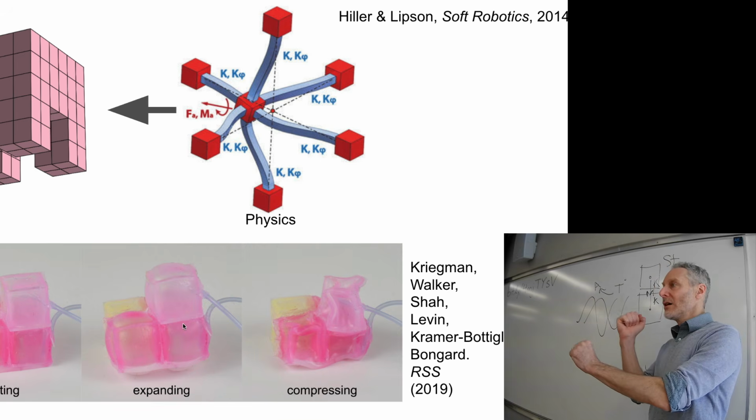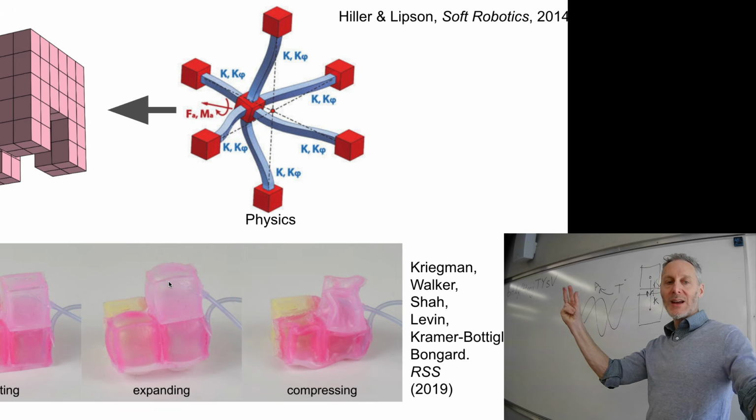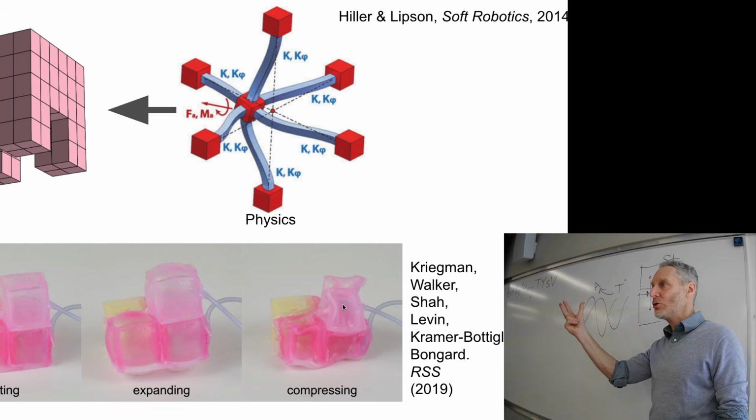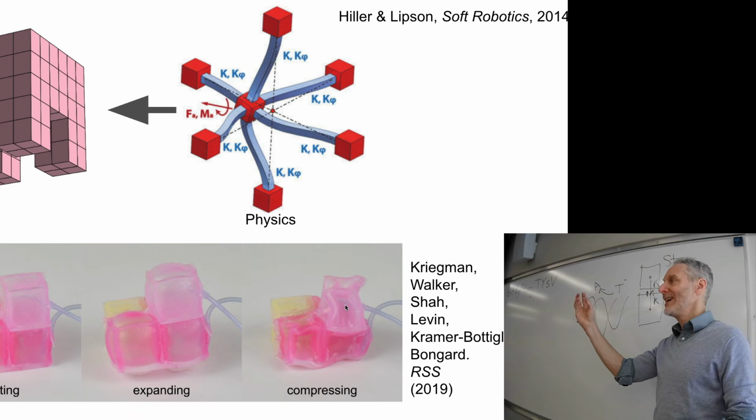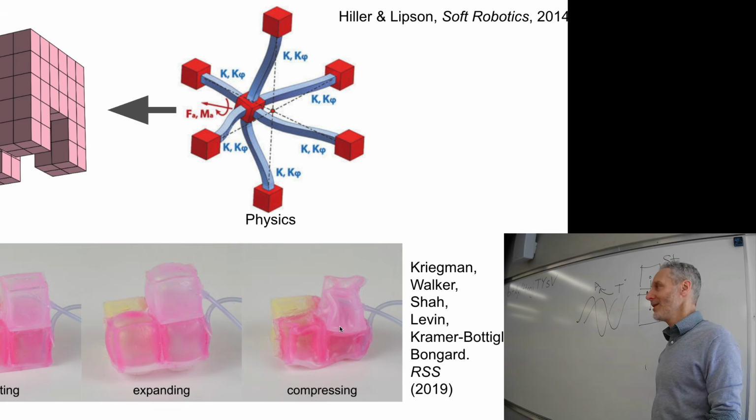And if we send compressed air using a syringe into these cubes, they get a little bit bigger. And if we pull air out of the hollow voxel, it gets smaller. It actually collapses in on itself and assumes very complex 3D geometries, which is very problematic. This is tricky to simulate in reality. But if you squint: default size, default volume, bigger, smaller.